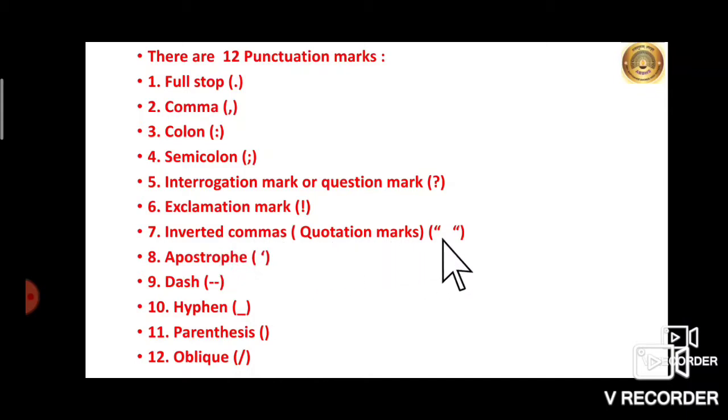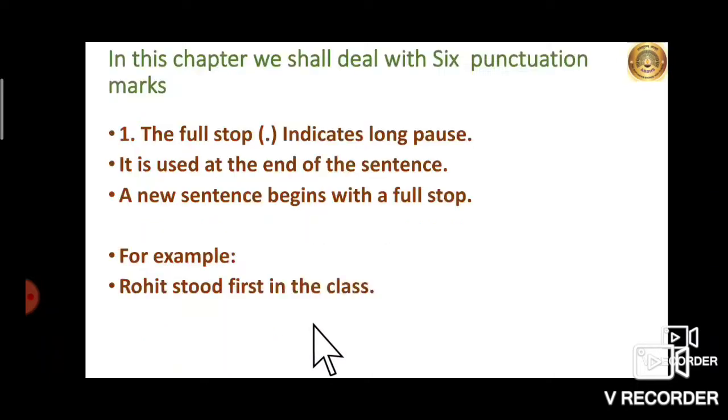This is the inverted comma, apostrophe, looks like this, dash, hyphen, parenthesis, this is a bracket, and oblique. There are 12 punctuation marks altogether. But in this class, we will only do 6 punctuation marks.